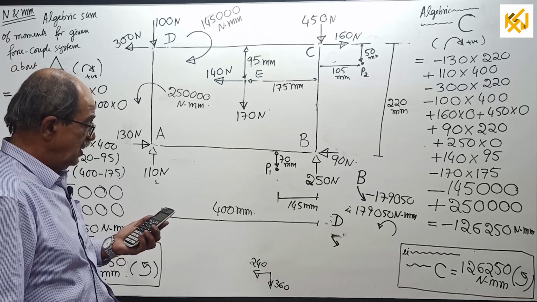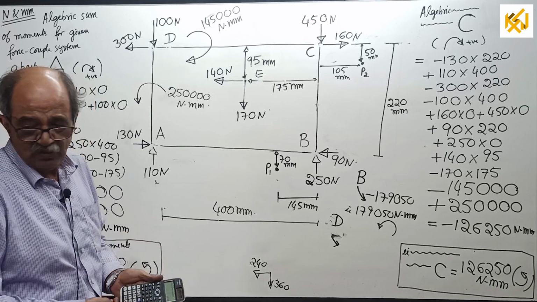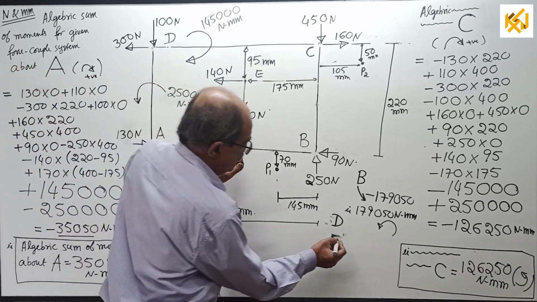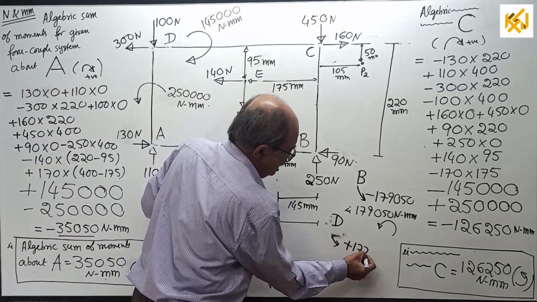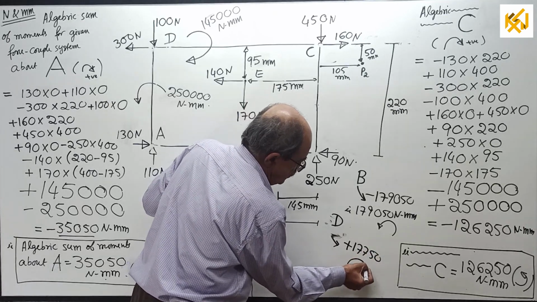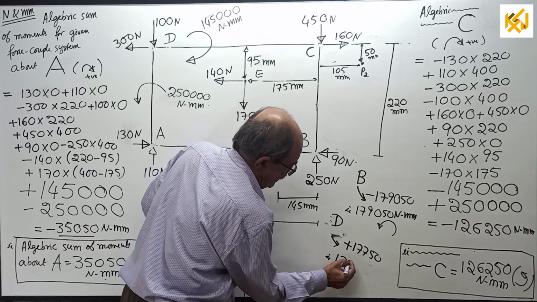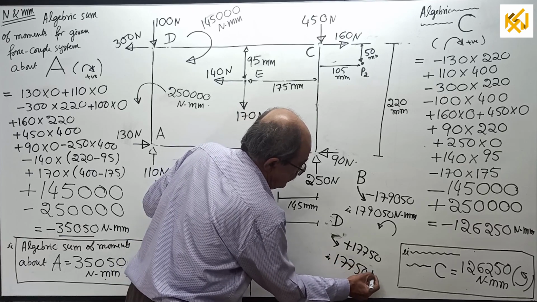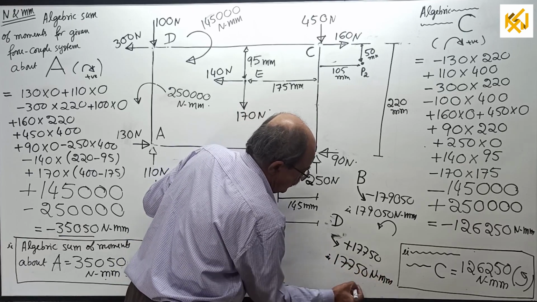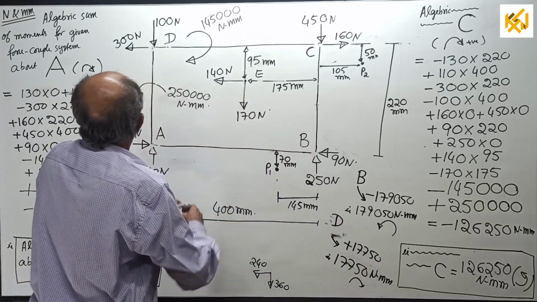That's all I want. Plus 17750. 17750 Newton millimeter clockwise, over. That is, all the points are over.